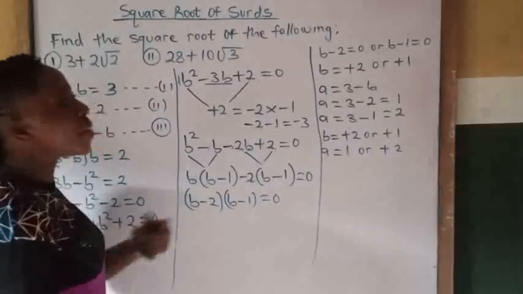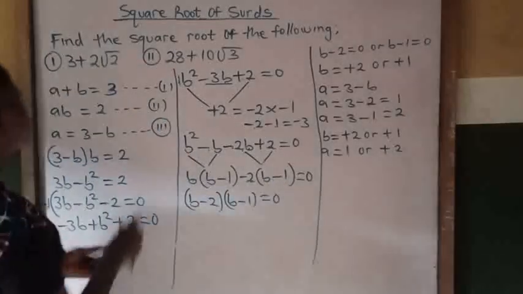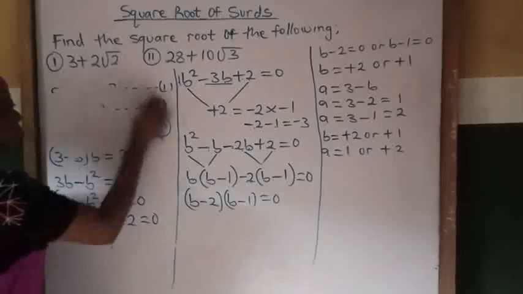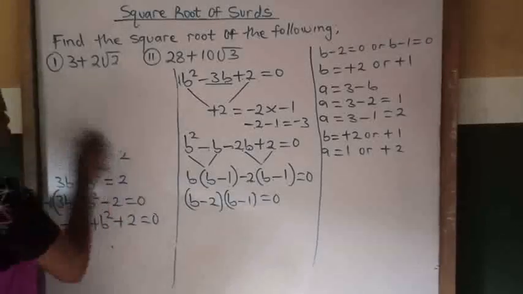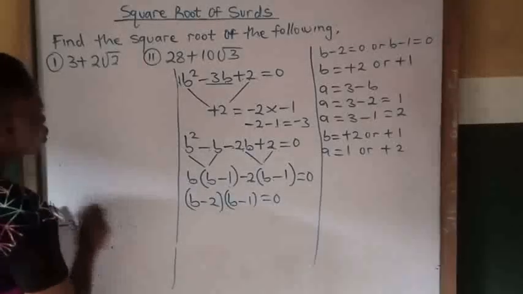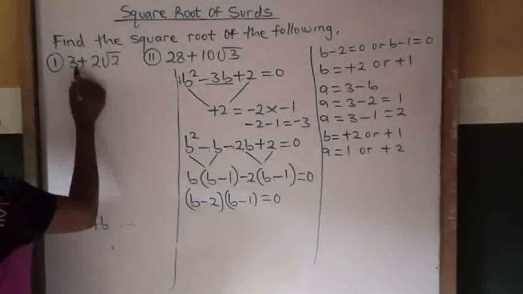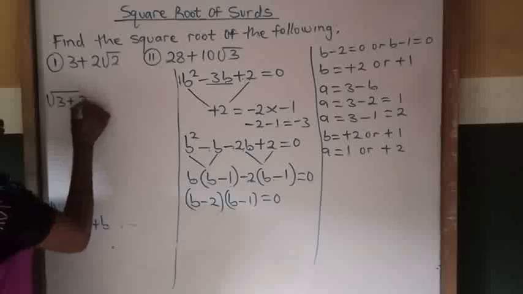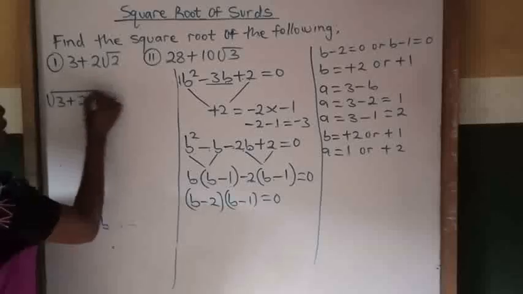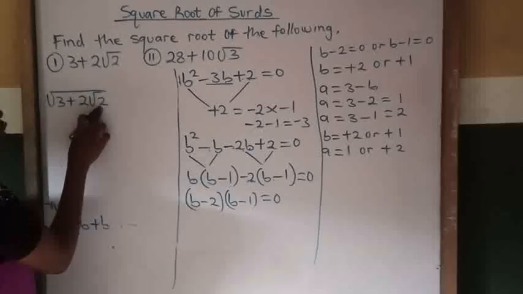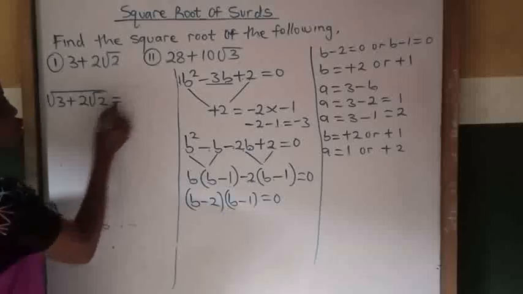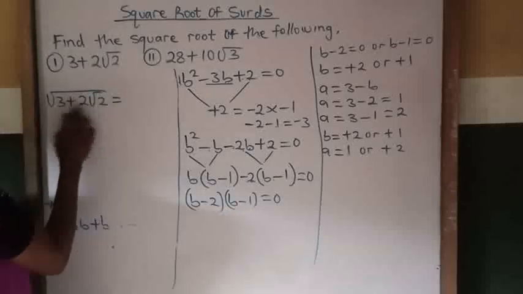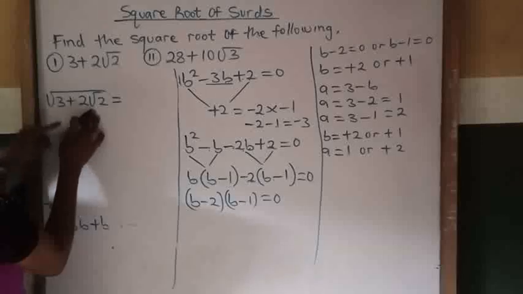Then we are going to go back to the first stage. Where we have the square root of our question, that is the square root of 3 plus 2 root 2, don't forget that we replace this square root of 3 plus 2 root 2 with unknown roots, depending on the number of terms that we have under the square root.